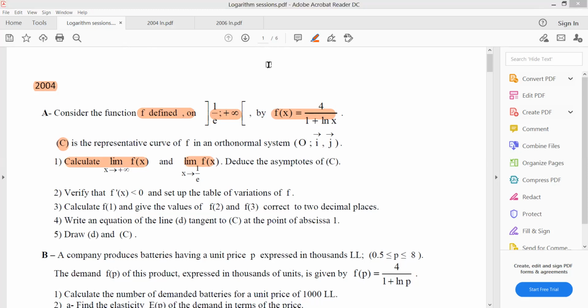I need to remind you of a property that ln a over b is ln a minus ln b.